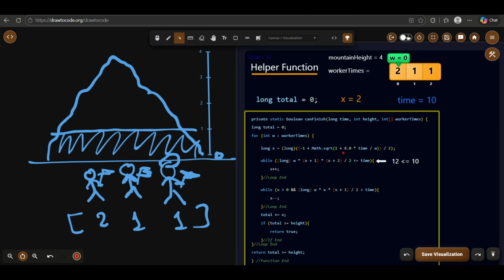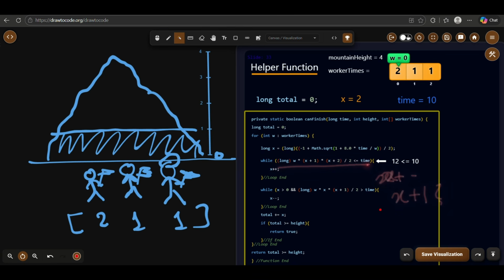So we will adjust the x by asking: can we increase the x? This is the formula to find the time required by worker W for a given x, where x is the maximum height. We found x using this formula, but we are asking whether we can increase x by 1 or not.